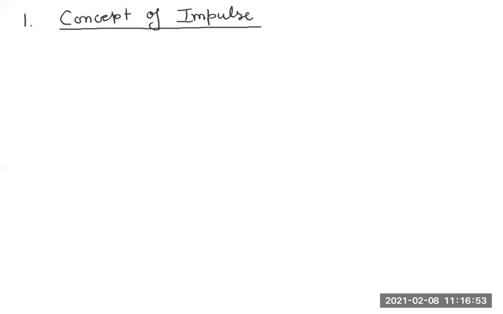So first, we are talking about the concept of impulse, which is a standard physical quantity in physics, just like force, just like acceleration, just like velocity. Now, if you remember, I told you that velocity and acceleration and force are all mathematically very precisely defined quantities.